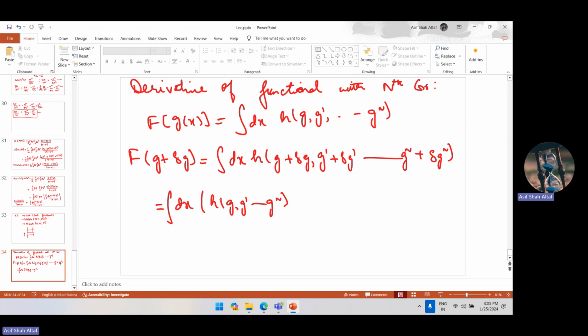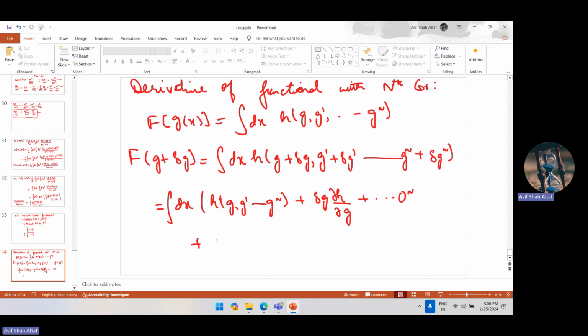And we will ignore all the second order and higher order terms. So here you will have the higher order terms as well, which we will ignore. Okay, let's call them O(n) terms.